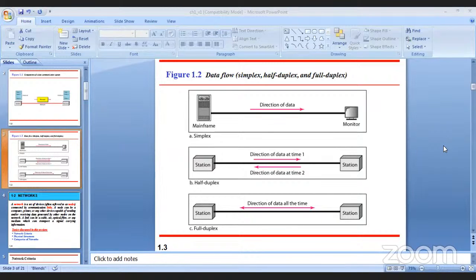Your friend is saying, or you are saying, at the same time. That is simplex, half duplex or full duplex. So this is all about today's class.